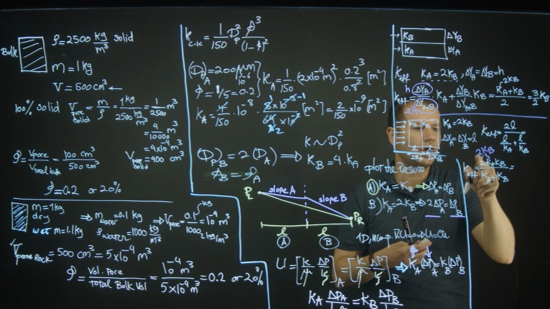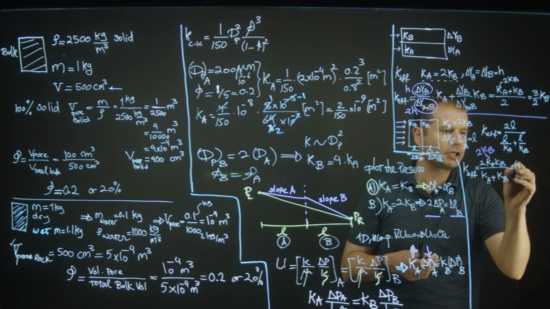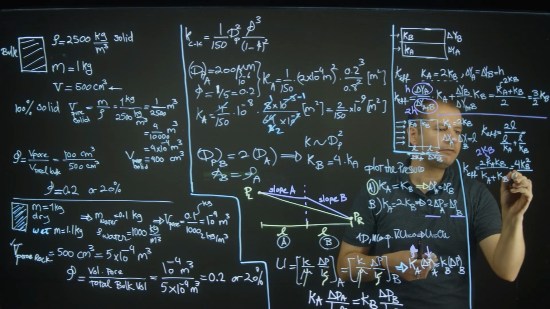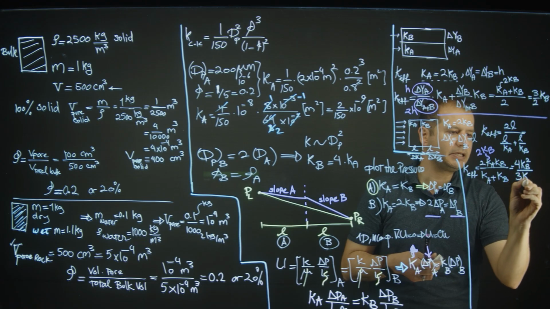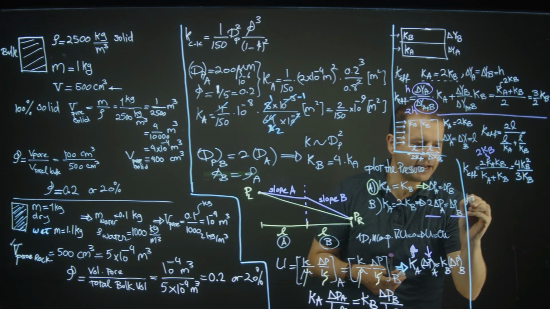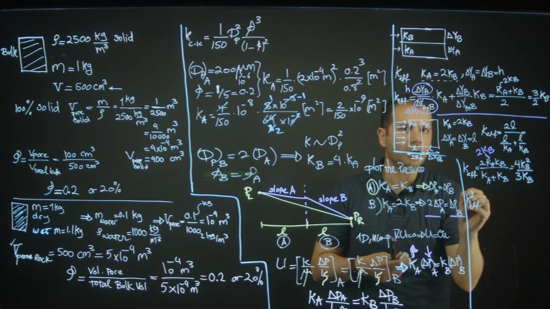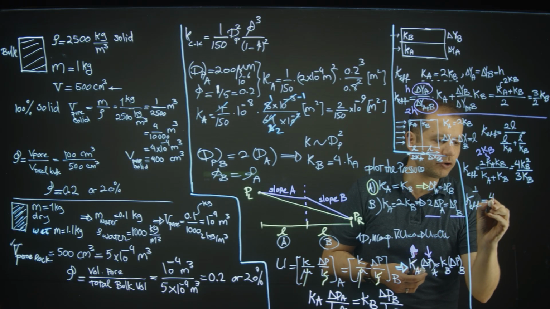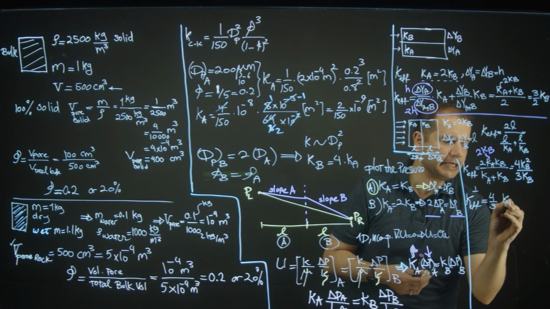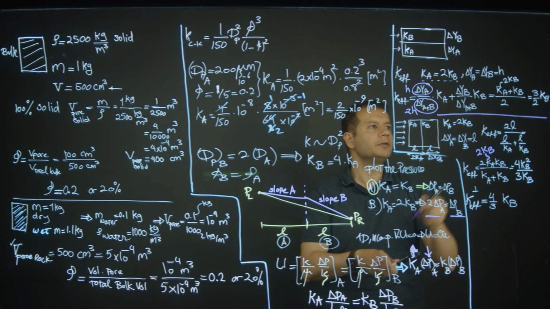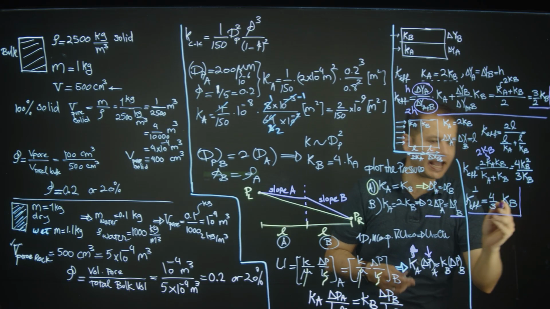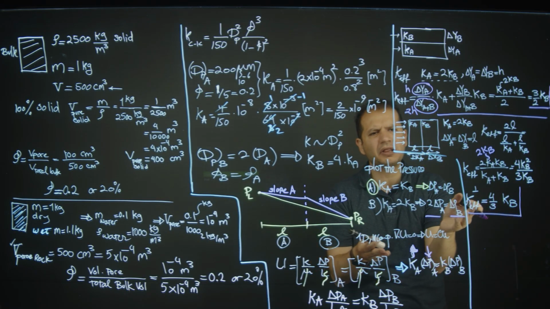That becomes 2 times 2 is 4, so 4 Kb squared divided by 2 Kb plus Kb, which will be 3 Kb. So the effective permeability for the harmonic average, which is normal to the flow, will be 4 over 3 Kb instead of 1.5 Kb.